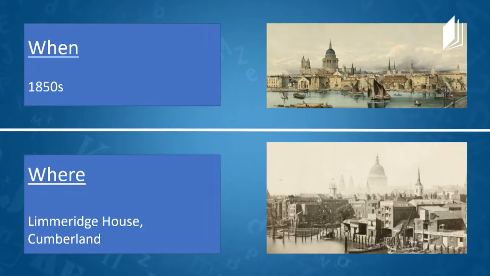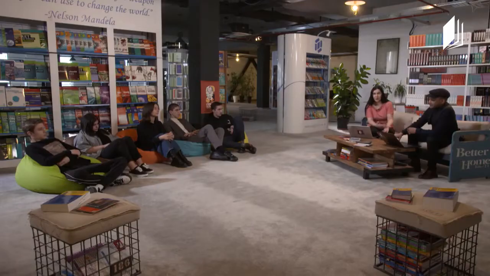And now, what about the where part? We would say this is Limmeridge House in Cumberland. In response to poor sanitary conditions and outbreaks of cholera in Cumberland, the Public Health Act in 1848 and the Local Government Act in 1858 allowed for the formation of local boards of health in the areas where there were more people living.